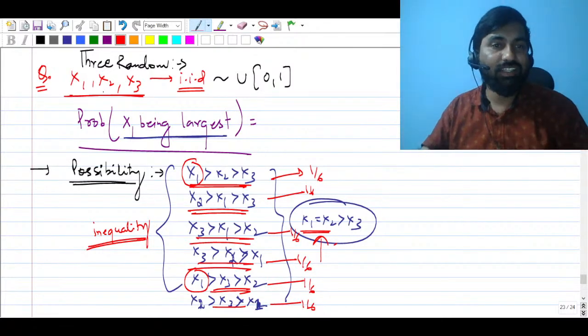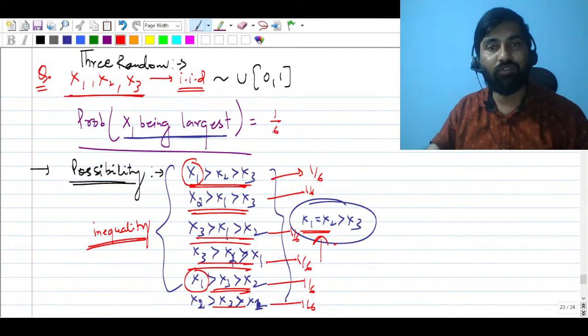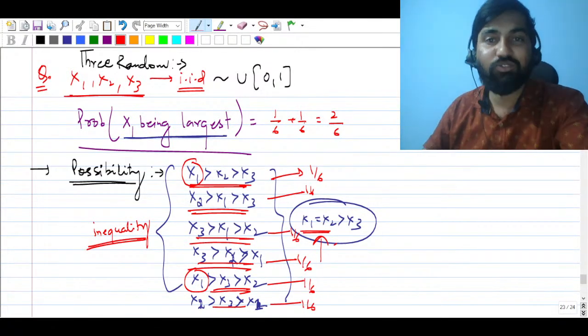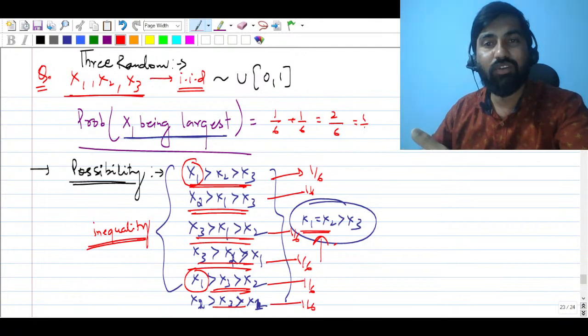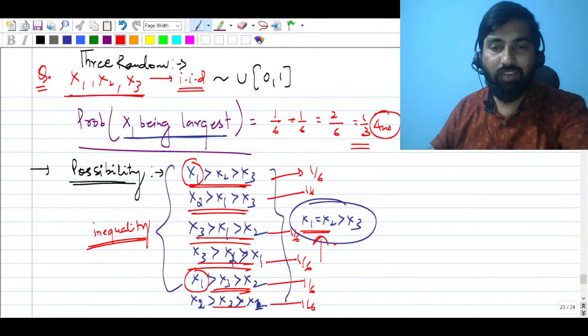But what they are asking is the probability of x1 being largest. It is going to be 1 by 6 plus 1 by 6, which is 2 by 6, that is 1 by 3. So the answer will be 1 by 3.